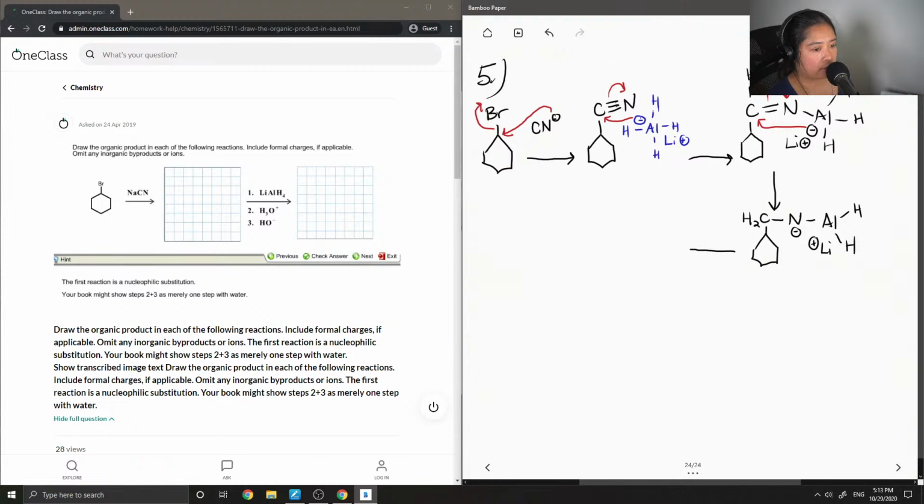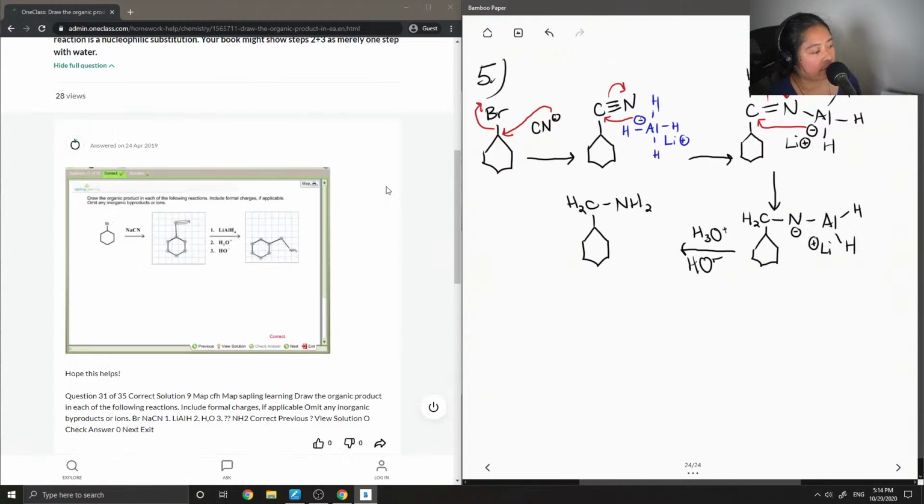So now the role of the H3O plus and the OH minus is that they come in and get rid of the aluminum hydride. And our final product is just this new amine group and carbon that replaced the bromine in the end.